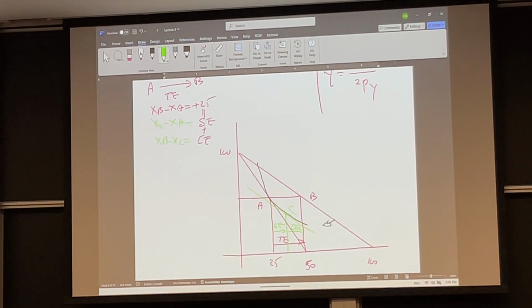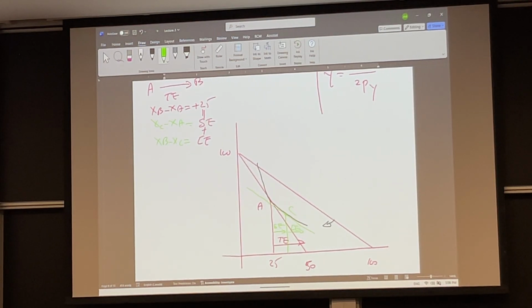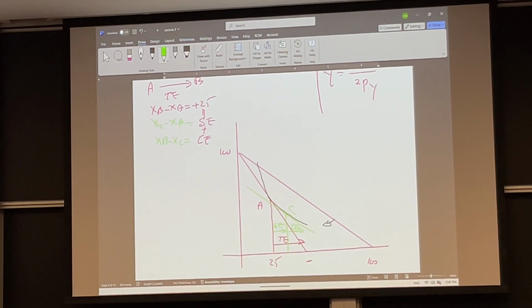That's for Cobb-Douglas. But if for someone else, B ended up between A and C, say here, what does that mean?